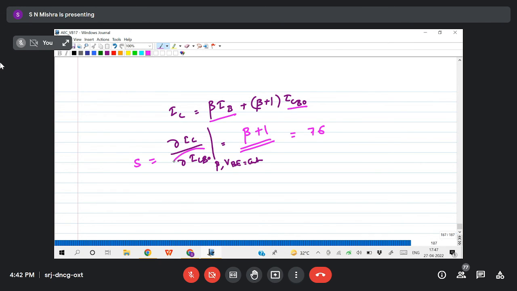That means a 1 microampere change in ICBO will cause a 76 microampere increase in IC. Suppose the leakage current increases one time, it will affect IC 76 times. So is it good or bad? Is it good for the amplifier if the stability factor is more or less?